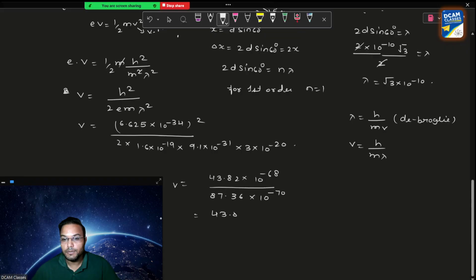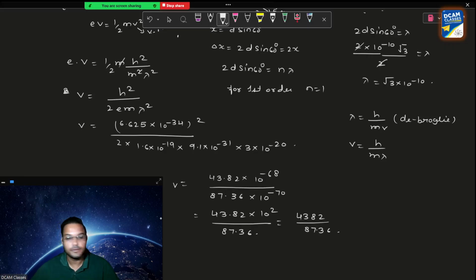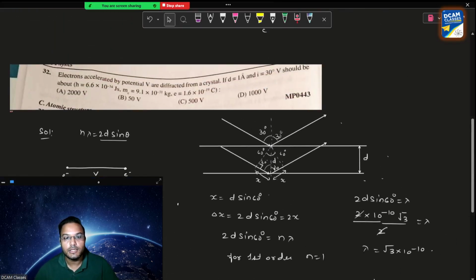It's 43.82 into 10 square by 87.36. So it will be 4382 by 87.36. It will be nearly 50.16 volt. So your answer will be approximately 50 volt. This should be your answer.